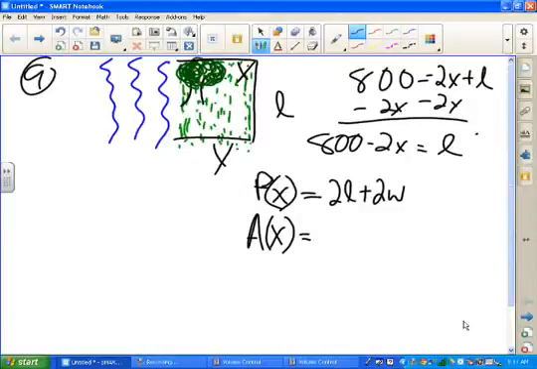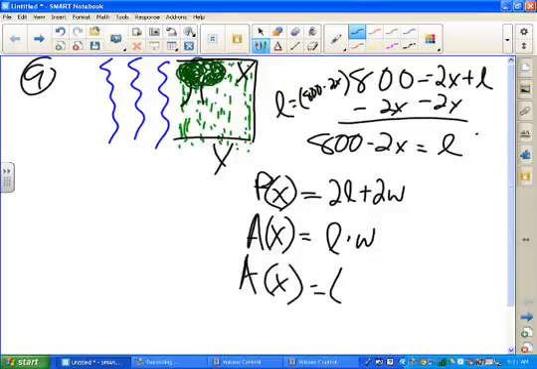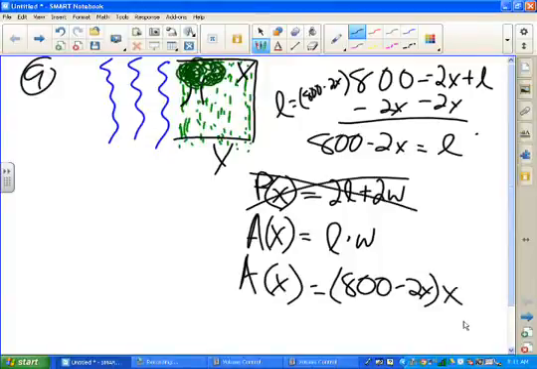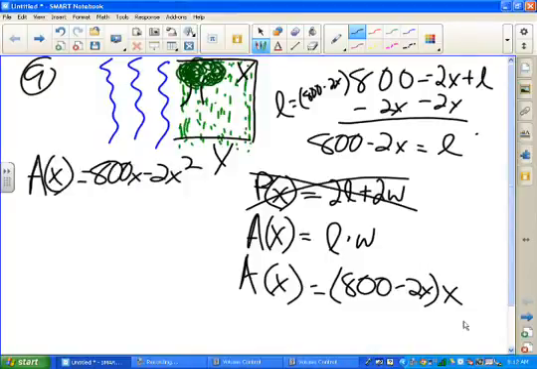So if I wanted to write a function of area, remember that area is equal to L times W, and we just said that L was equal to 800 minus 2x. So my function of x for area is 800 minus 2x times the width, which is x. Now our goal was to find the maximum value, or the maximum area based on this equation.